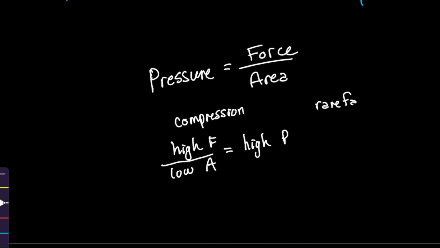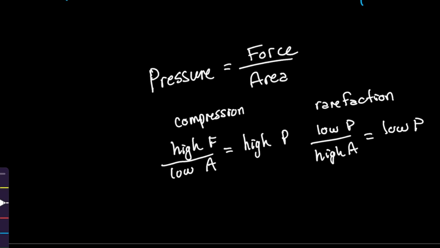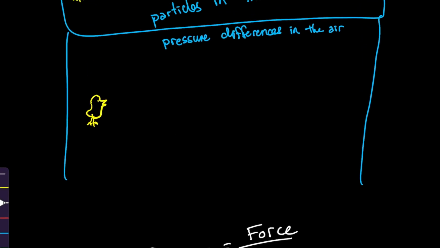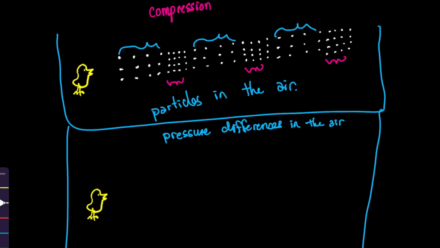You could put in some values to double check, right? And in a rarefaction, we have a low force over a higher area. This would be low pressure. So you see how we could verify our number of particles by looking at pressure instead, because measuring pressure is easier than the number of particles.